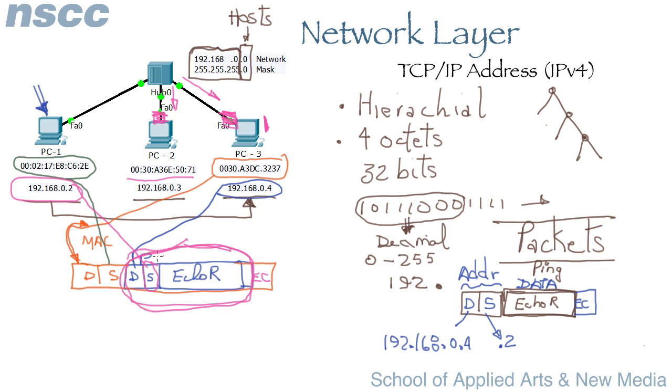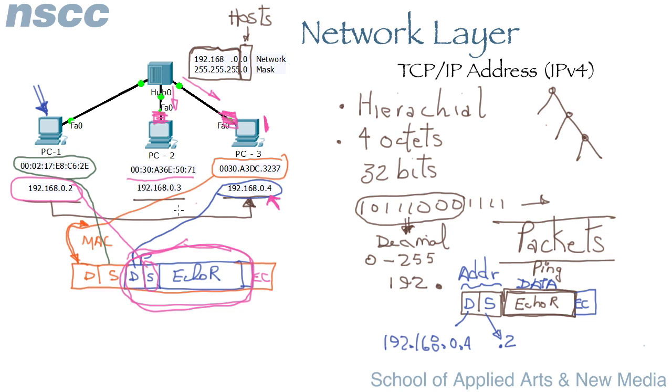The ping application eventually gets this. Part of the processing is looking at the destination IP address. The destination IP address also matches its IP address. So again, it does not discard the packet. It looks at the packet, sees that it's an echo request. The ping program will give an echo response.